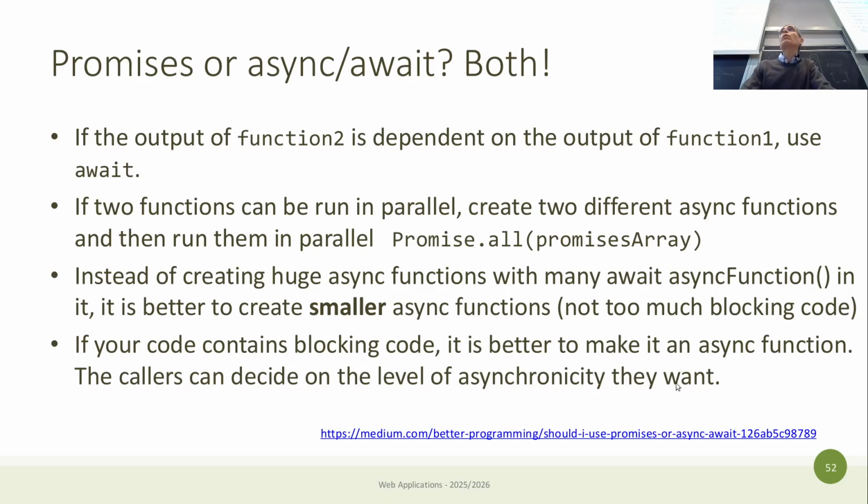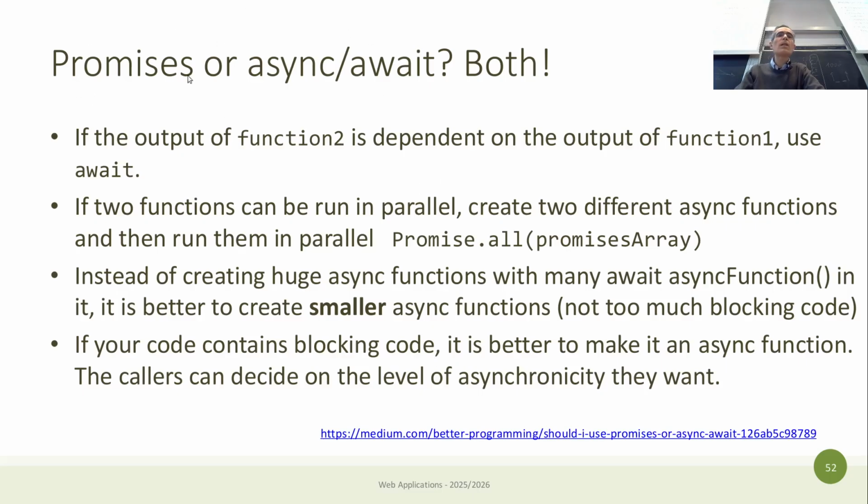So you want to call it synchronously, you await and you don't do anything else. You want to call it asynchronously, you call it, you get a promise, and you attach something to the promise, and then you do something else. Okay? It's up to you. It's up to the caller to decide what to do. So it gives more flexibility to the ones that are using your code.